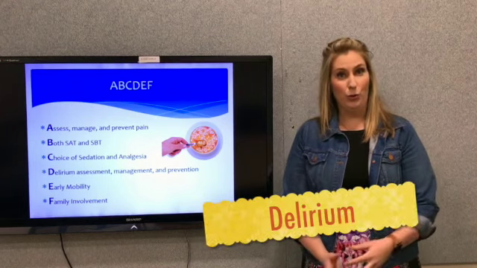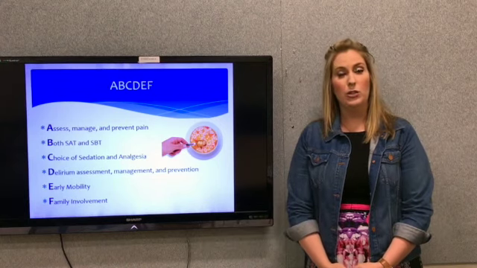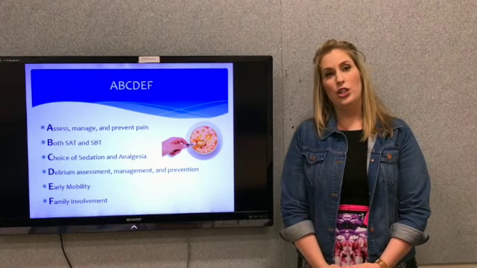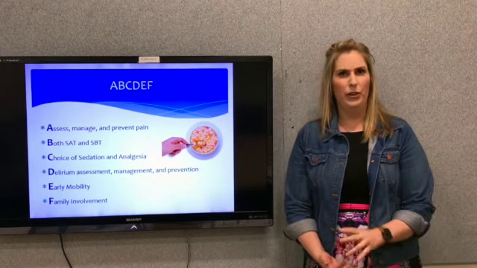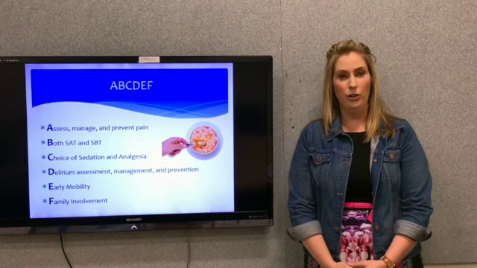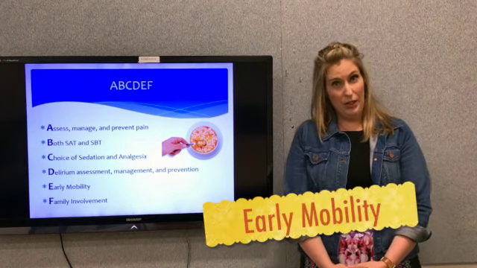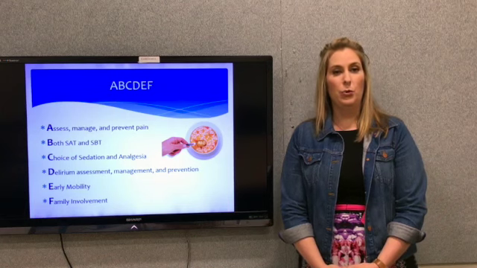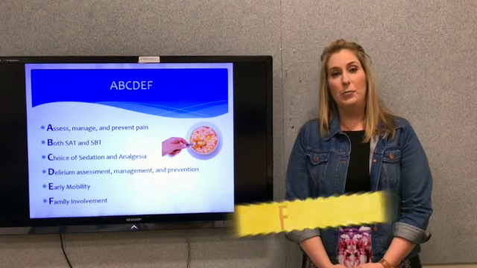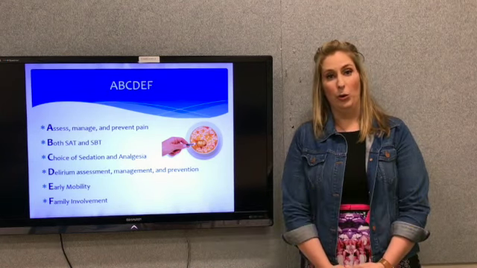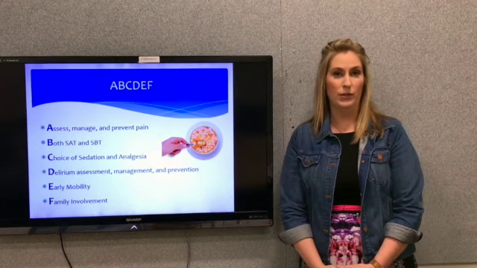D is delirium, which we're going over here. So delirium assessment using CAM-ICU, managing and preventing delirium with various interventions, which I'll touch on later. E is early mobility, so getting your patients up and moving. And F is family involvement and empowerment, to make sure that they're involved with the patient's care as well.